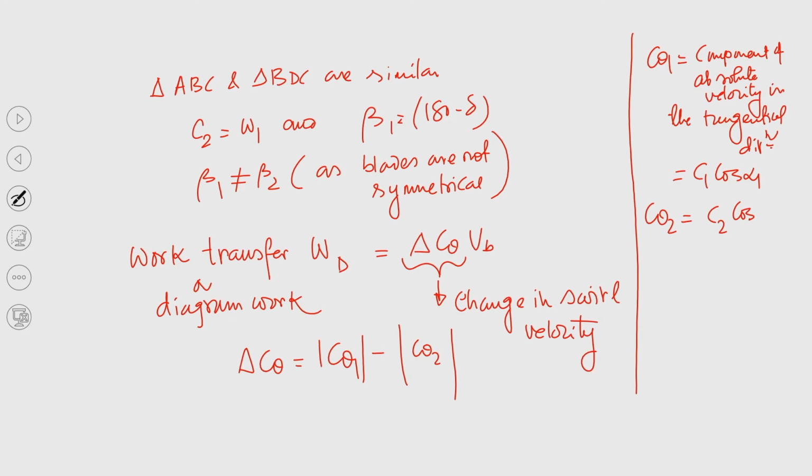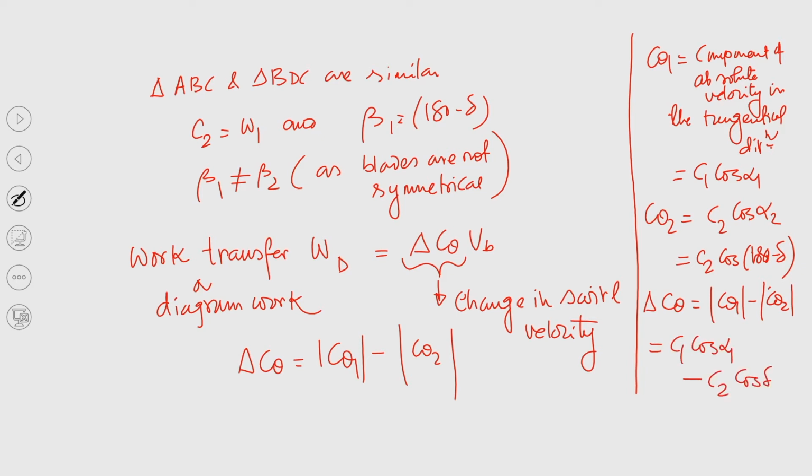So, C theta 2 equal to C 2 cos 180 minus delta, right. Okay. So, if we plug in the value, then delta C theta, which is nothing but C theta 1 minus C theta 2, will be equal to C 1 cos alpha 1 minus C 2 cos delta.